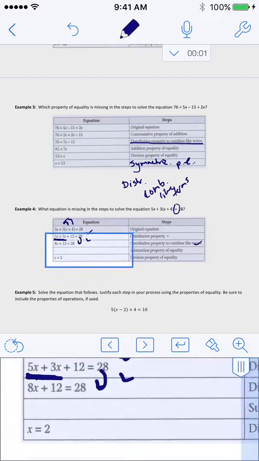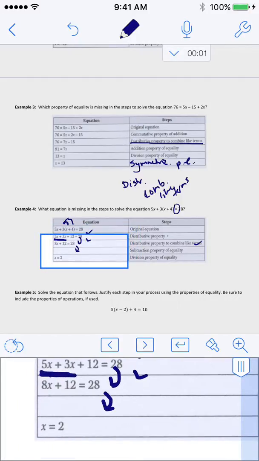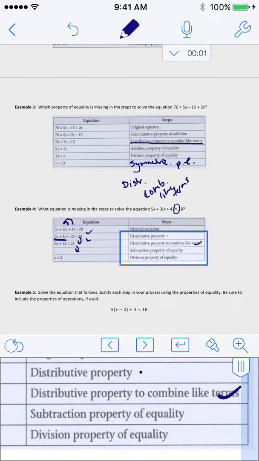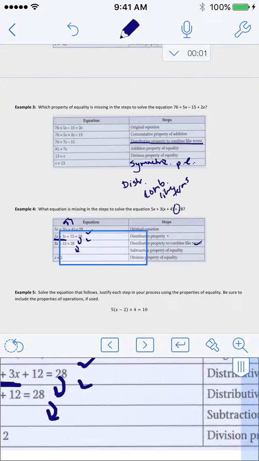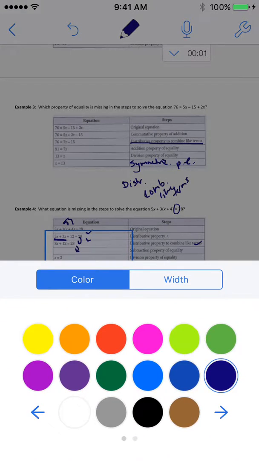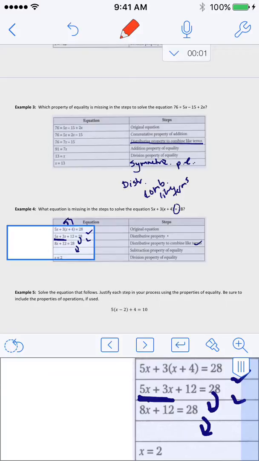Now we'll have to see, okay, so from here to a blank, well, what do they want us to do? The next one says subtraction property of equality. What did the subtraction property of equality say? It says you can subtract stuff from both sides, right? So if you can subtract stuff from both sides, that means we're going to take this 8x plus 12 equals 28.